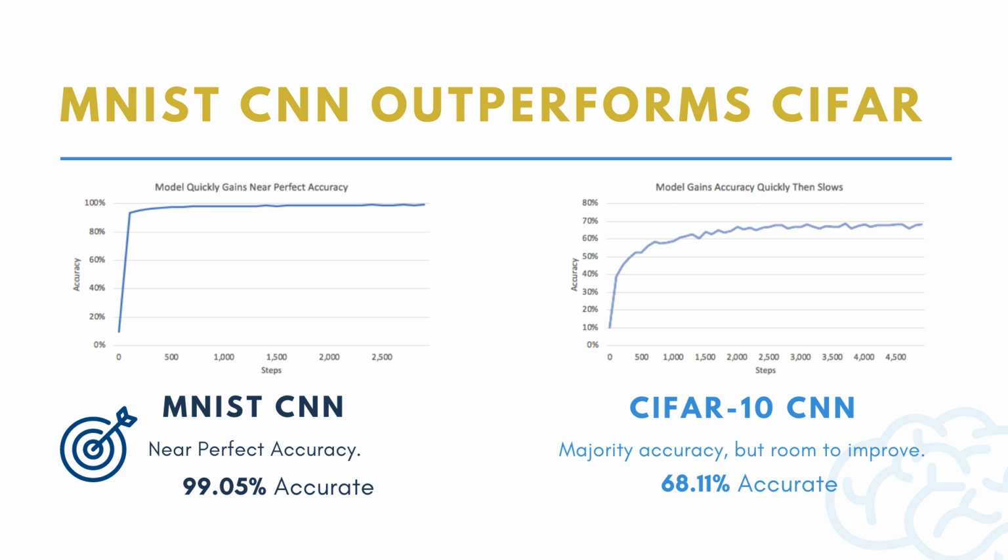On the bottom of each of these charts, you'll see an axis called steps. Essentially, it's showing how many steps, how many batches, the model went through, and what the accuracy level was at that time.